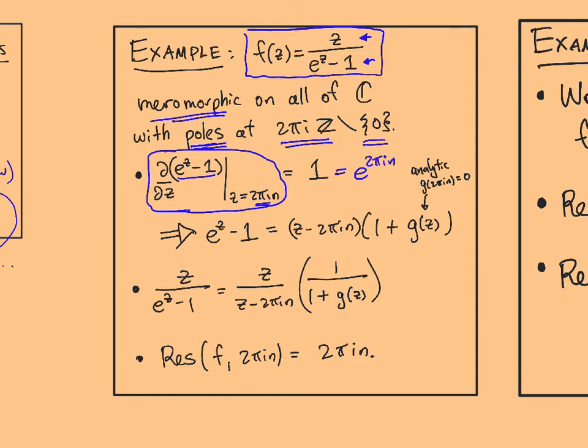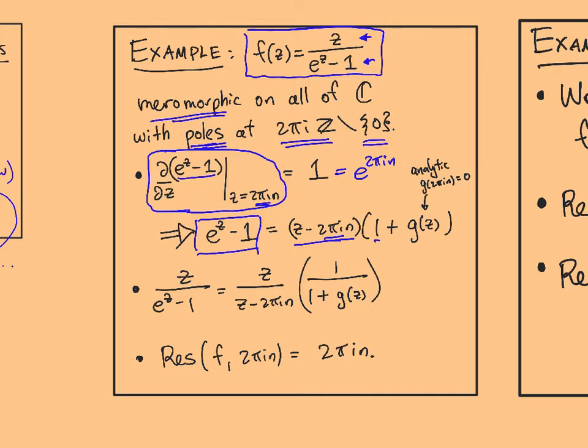So I'm just plugging 2 pi i n into e to the z, which gives me 1. So the power series at this point will start out with z minus 2 pi i n, and then higher order stuff.